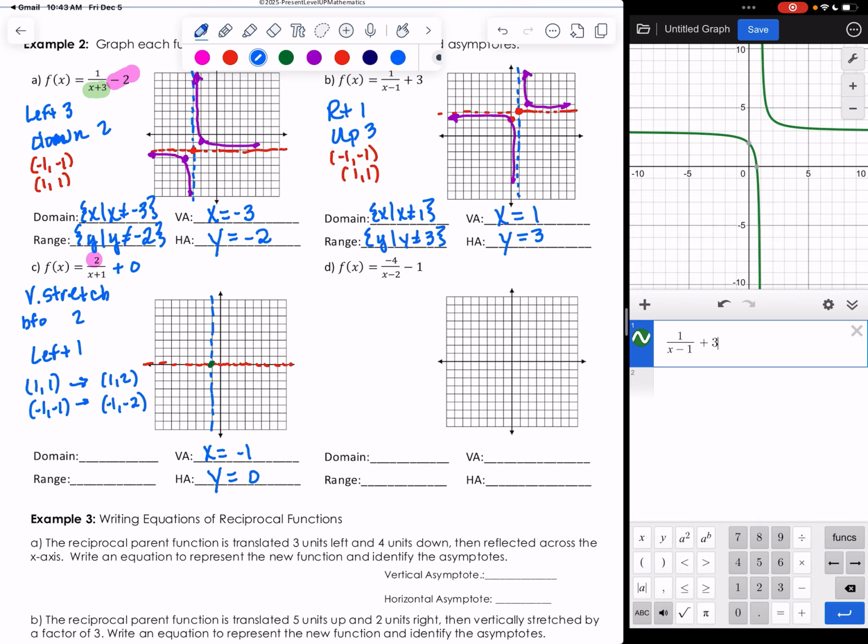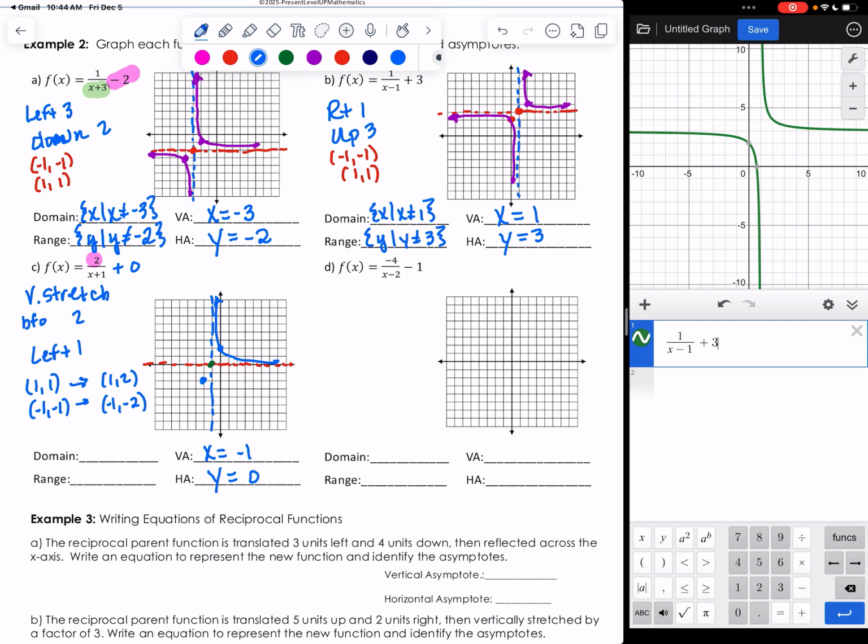So when you're plotting this, go back to your new 0, 0 and go over 1, up 2. That's where your right branch will curve. So it's going to curve towards the horizontal asymptote on that side and towards the vertical asymptote on this side. Okay. Now your left branch, go to your new 0, 0, this green dot, and go left 1, down 2 because it was stretched.